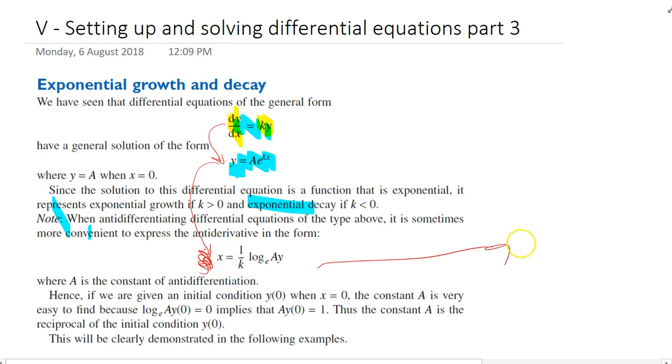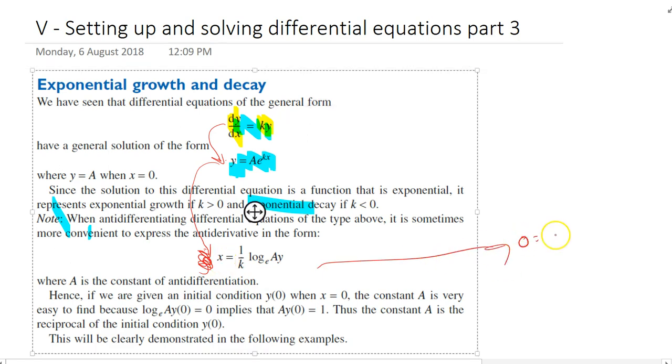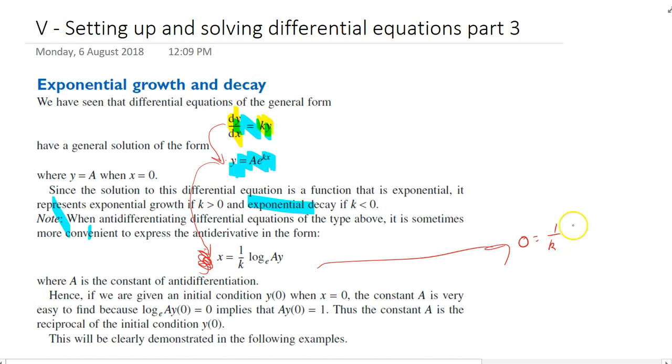If x equals 0, we've got 1 on k log base e of ay. So if for some initial condition x equals 0, let's say, then 1 on k can't be equal to 0. So that means that log base e of ay would have to be equal to 0.